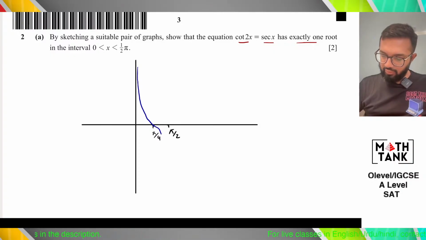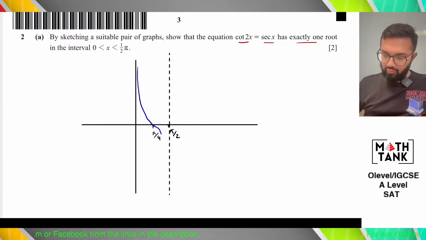And I think there's an asymptote here that needs to be drawn. So that is the graph of cot 2x.